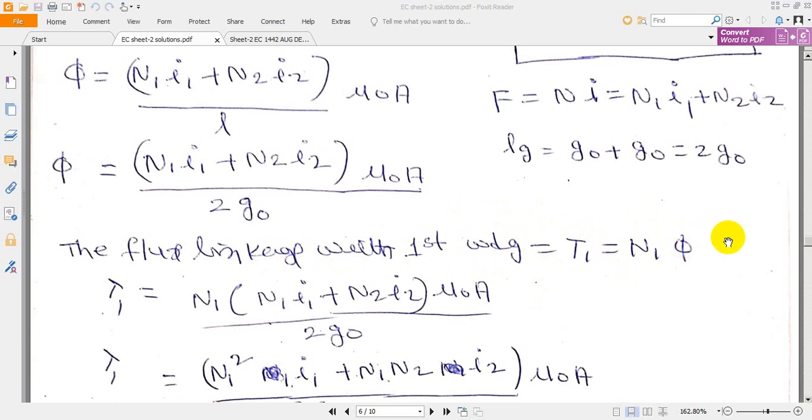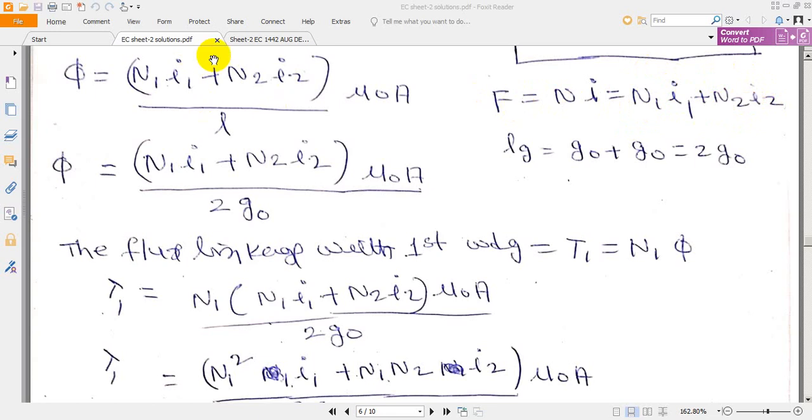So we need to calculate the flux. Flux is given by F, the MMF. F is equal to number of turns into current, but we have 2 different coils. For each coil, N1 I1 is the magnetomotive force in the first winding, and N2 I2 is the MMF in the second winding.